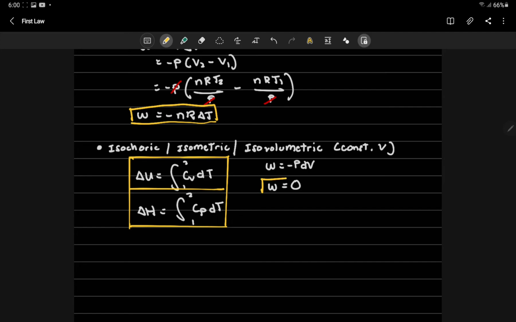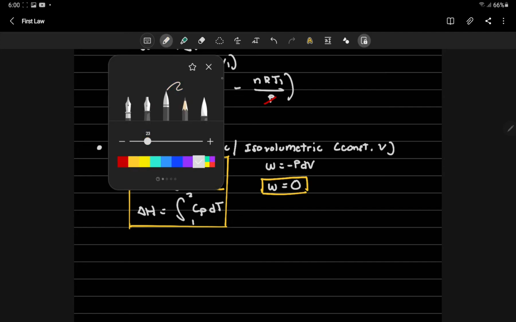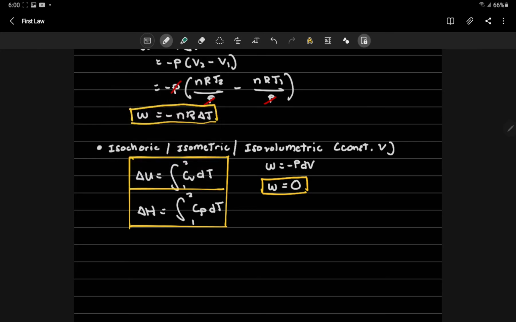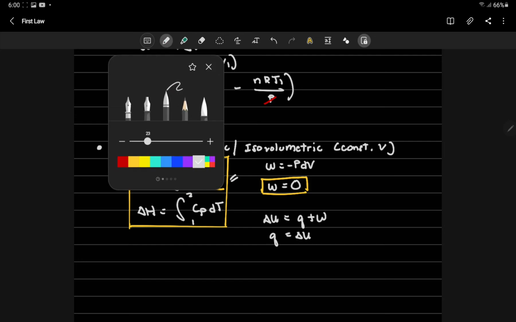So ang kulang na lang dito is si heat or si Q. So how do we obtain an expression for Q? We know that delta U is equal to Q plus W. But W is already 0. So therefore Q is just equal to your delta U. So whatever you obtain here, yan na rin yung heat.